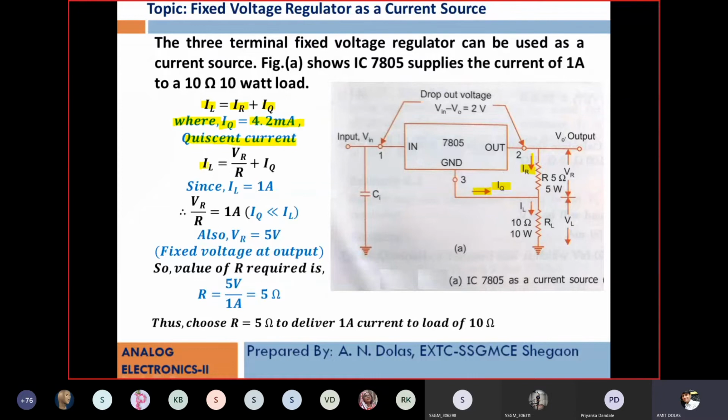So what is the IL? I change this IR in terms of voltage and resistance.